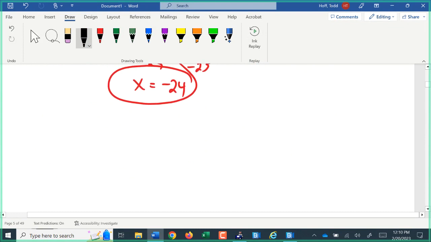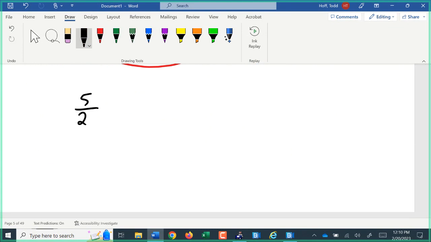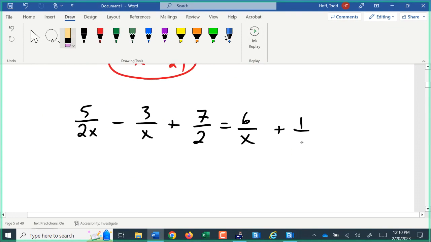We can run into some equations where we have no choice but to use that least common multiple. We might have equations like this: 5 over 2x minus 3 over x plus 7 over 2 equals 6 over x plus 1/4.